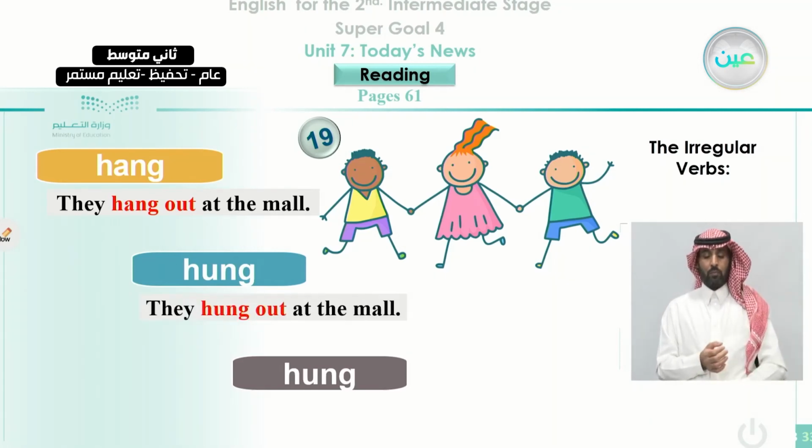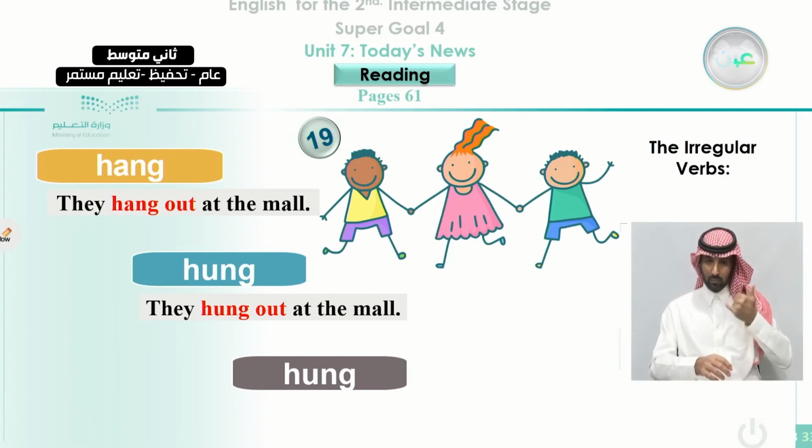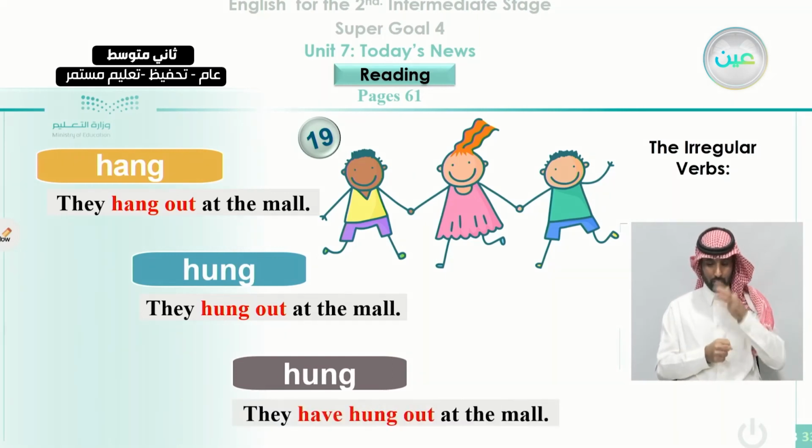In the past, we use it also, but in a different form of the verb, we say they hung out at the mall. Time is important here. We talk about the past. But when we talk about the present perfect, we have to use the third form of the verb. We can say they have hung out at the mall. Again, we don't care about time. We care more about the action.